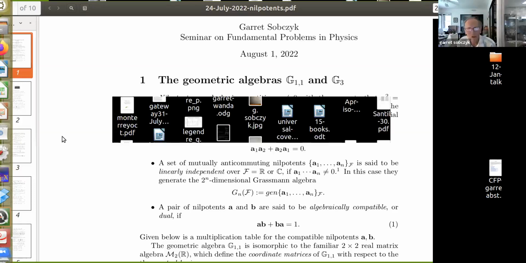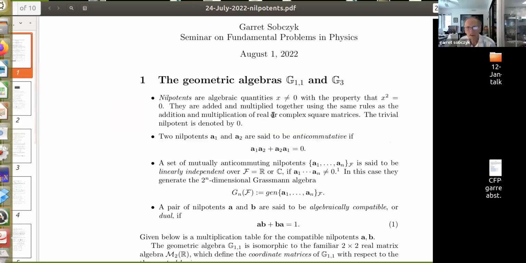I'm defining what a nilpotent is, and I'm assuming the algebra I'm going to define has the same rules of addition and multiplication as matrix algebra. So a nilpotent is just an element in this algebra, which I haven't really defined, which has square 0.